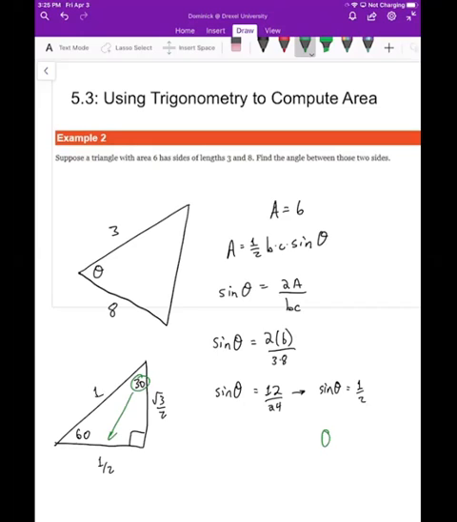So in this case, my theta is 30 degrees, or you could say, if you want it in radians, that that's pi over 6. That corresponds to this angle. Sorry, not 60, 30. Okay, so that's how we can use that same formula to find the angle between those two sides.